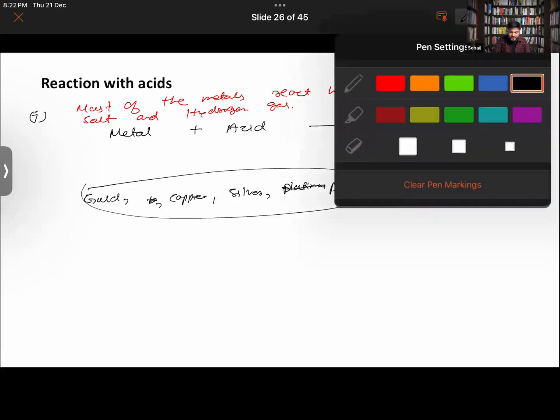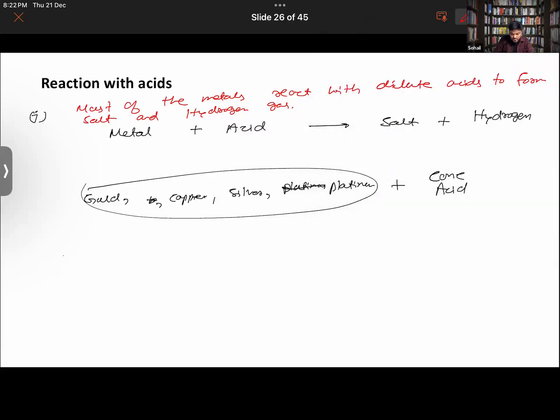So let's take the example of magnesium. Magnesium will be reacting with, let's say, hydrochloric acid to form magnesium chloride. Magnesium chloride is formed along with the release of hydrogen gas.